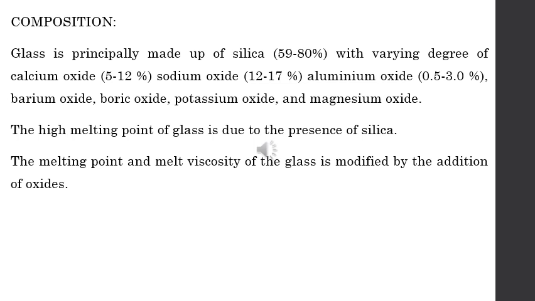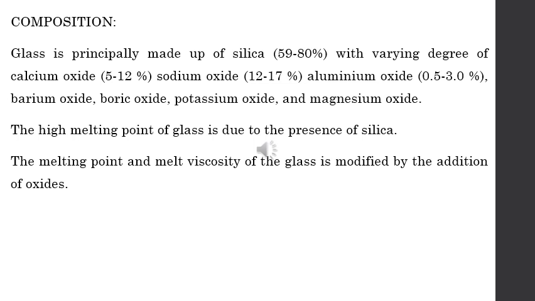Then next we come to the composition of glass. So glass principally is made up of silica, that is about 59 to 80%. Other than that, it has varying degrees of calcium oxide, sodium oxide, aluminium oxide, barium oxide, boric oxide, potassium oxide, and magnesium oxide.